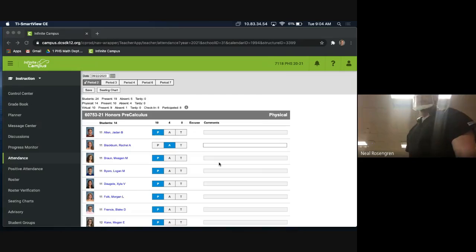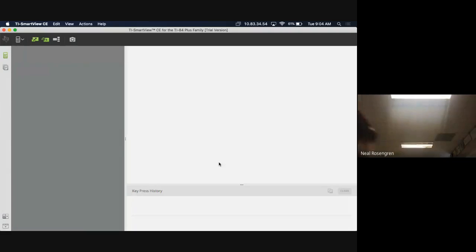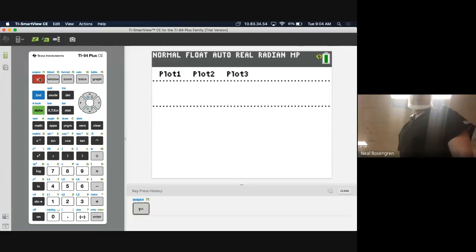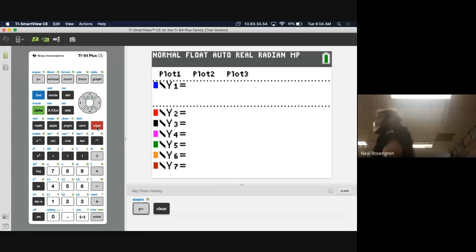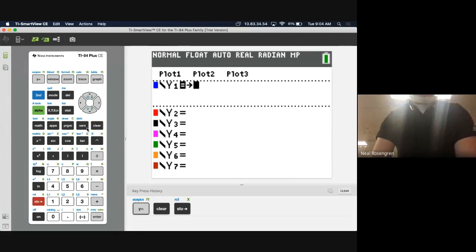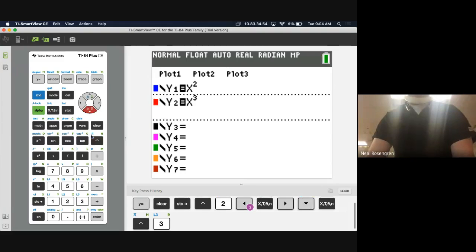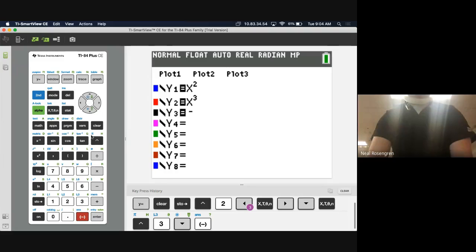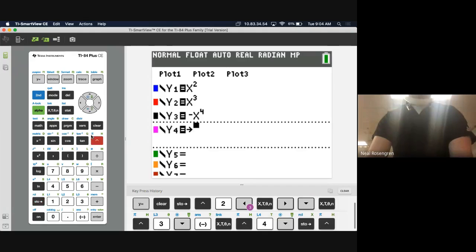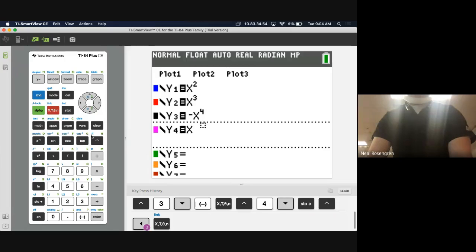Here's what I want to be able to do next. I want to get a sense for where those arrows are going to be pointing. So what I'm going to do is I'm going to jump to my calculator, and I'm going to give you a couple graphs to look at, and we'll see what we notice. And you don't have to write these down yet, but I do want to just take a look at these 5 graphs.